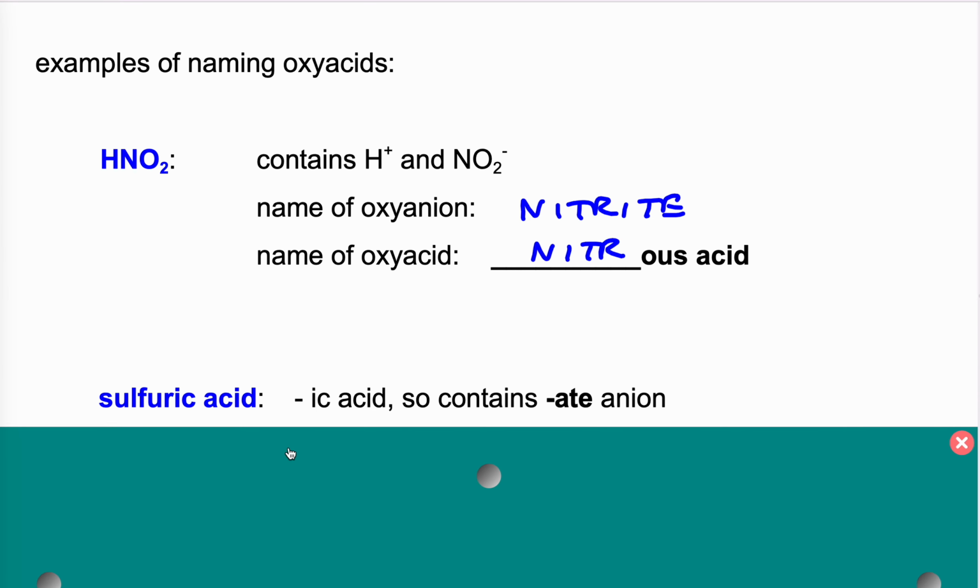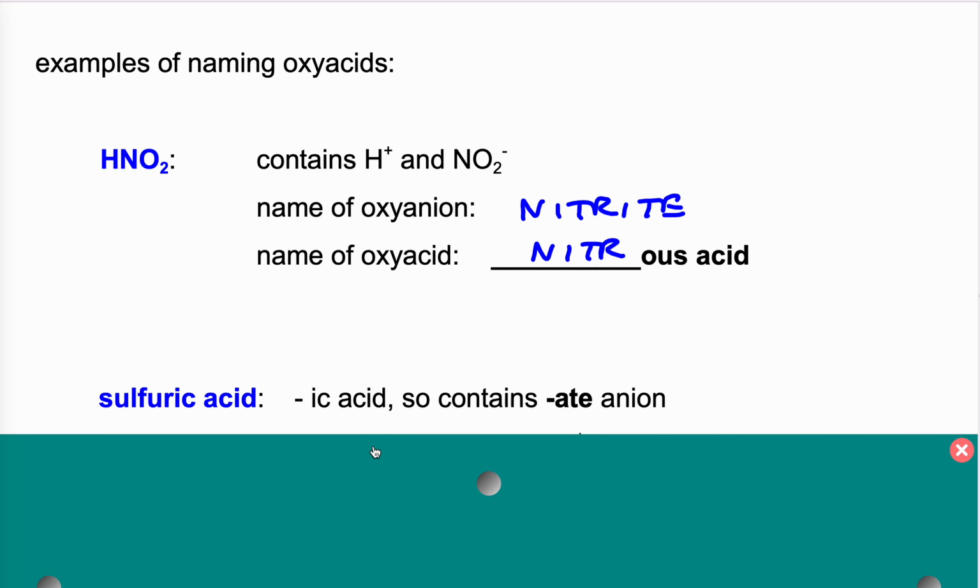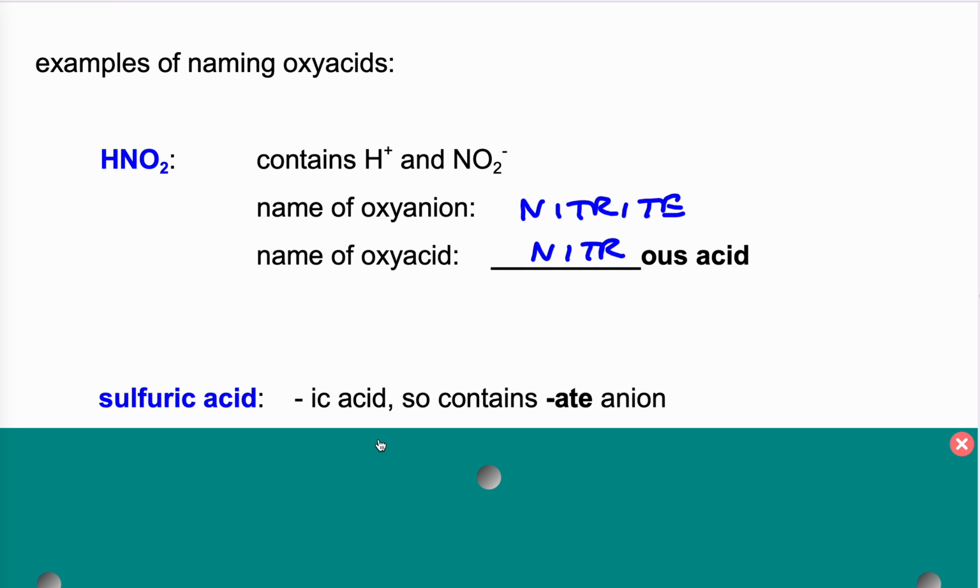Let's do another example in the opposite direction. If I give you the name sulfuric acid, you recognize that because it is an ic acid, it must contain an ate anion, and that ate anion must be based on the root sulfur. So that would be the sulfate anion.